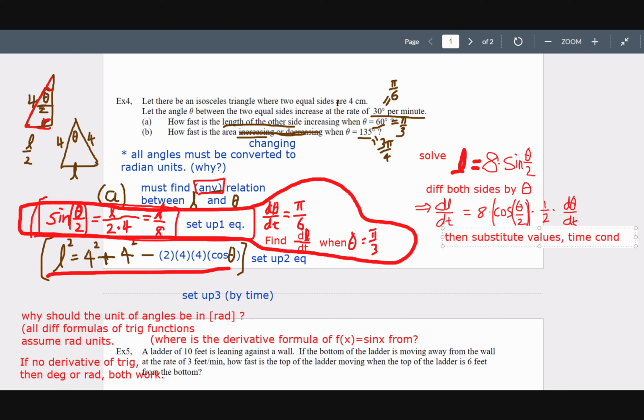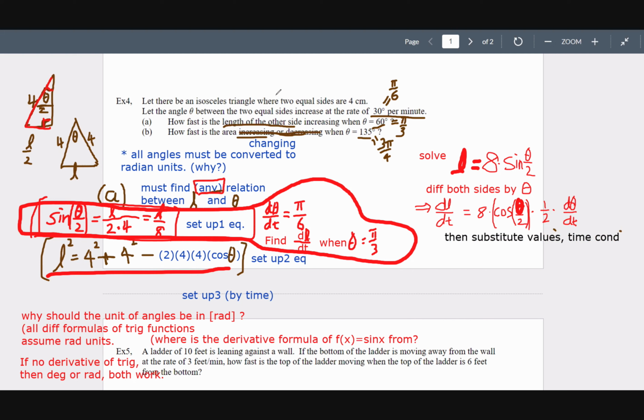So all you have to do is plug in this value right here. Plug in the value of theta here, and you have to plug in the value of d theta dt here. That's the d theta dt.